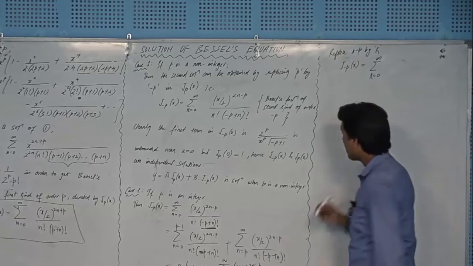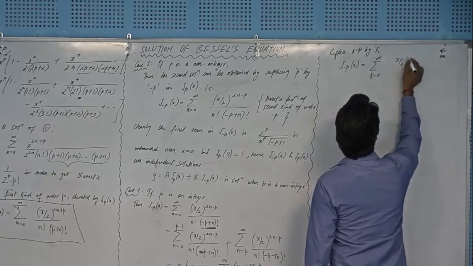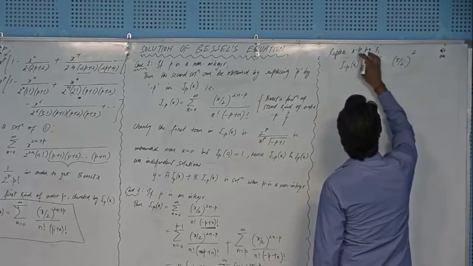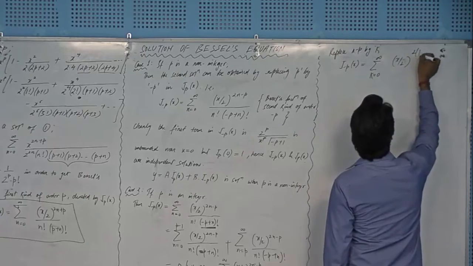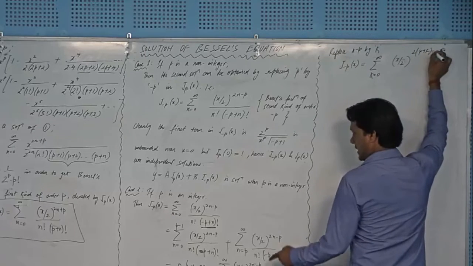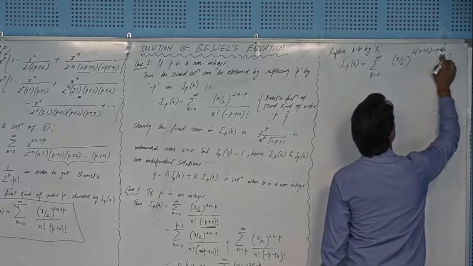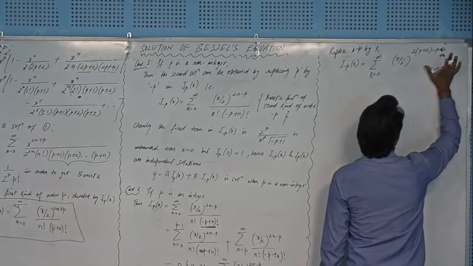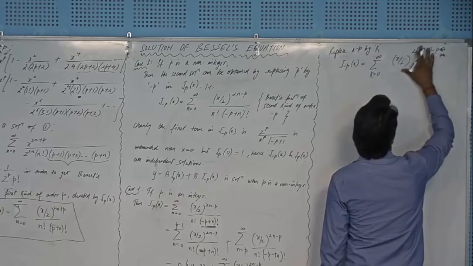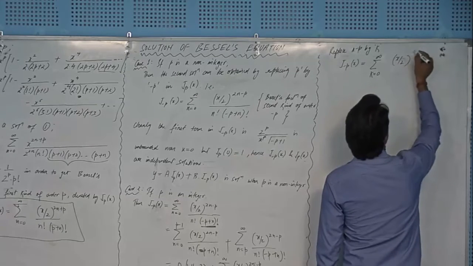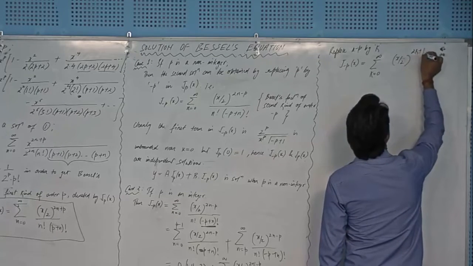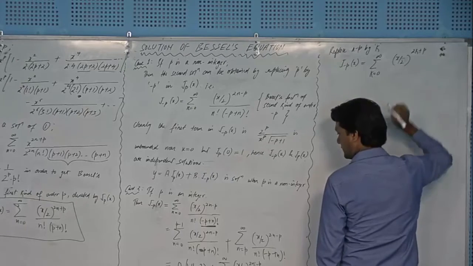And this (x by 2) whole to the power 2 times the value of n, which is p plus k, so I will write that p plus k, and then minus p. So ultimately on solving it I will get how much? 2p plus 2k minus p, I think, that is 2k plus p, if I'm not wrong, right?